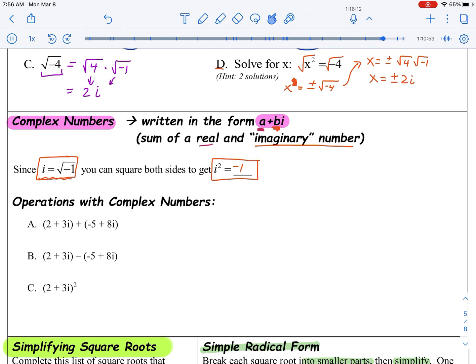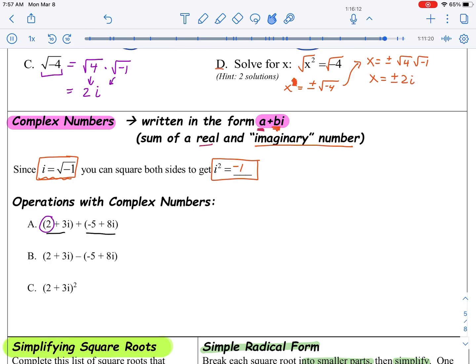Now let's look at how this works when we're simplifying mathematically. If I have 2 plus 3i plus -5 plus 8i, I'm going to combine like terms much like I did when I worked with x's and y's.